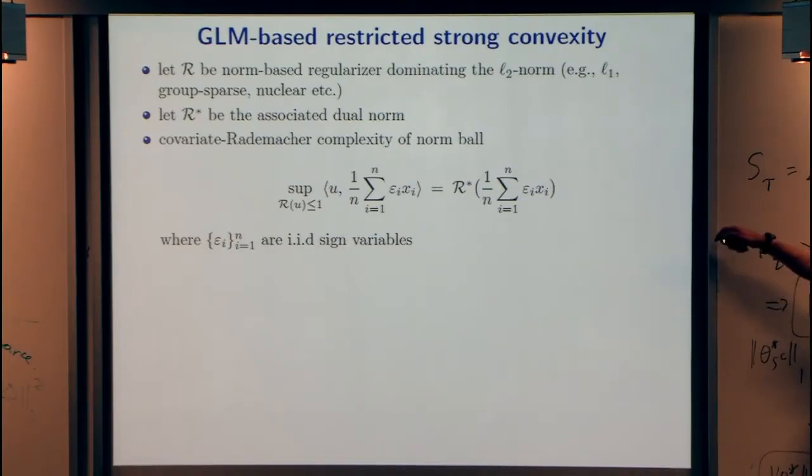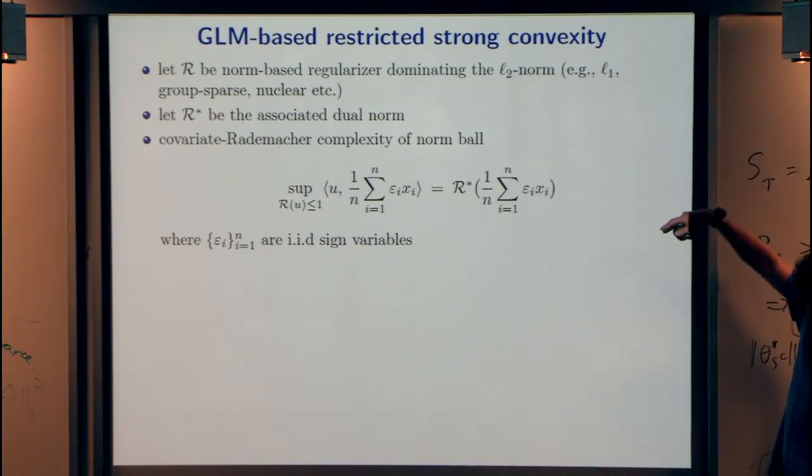If you have a regularizer, you can look at the dual of a norm. If I have L1, I get L infinity. The nuclear norm is the sum of the singular values, and the dual norm is the maximum singular value, the operator norm. So for any norm, we have a dual norm, I'll call R star.